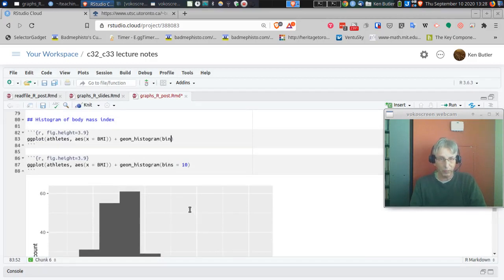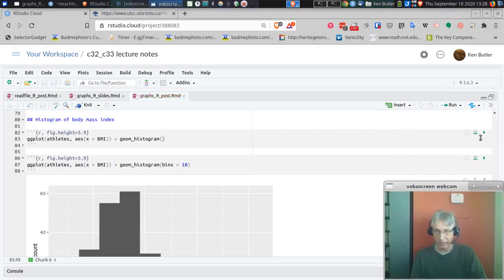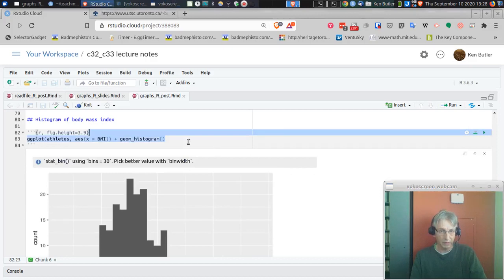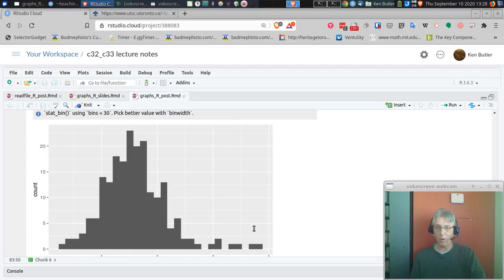And now, of course, I'm sitting over the go button, so I'm going to move myself down. And there's my go button over there. Alright. We get a warning. And we get an awful histogram, because there are too many bars. Too many what, in the terminology of this, are called bins.